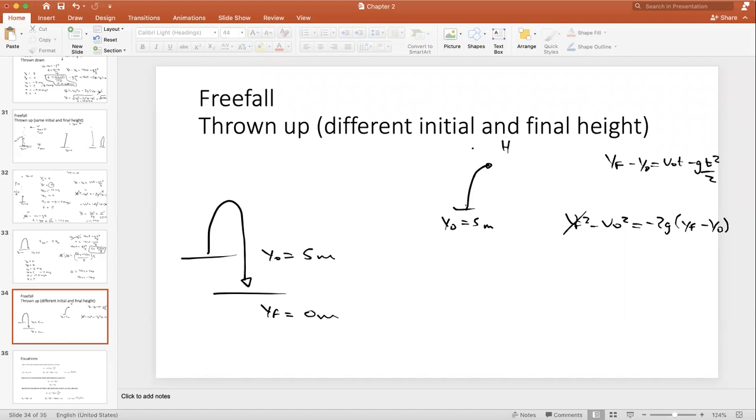The v final at max height is still 0, and you get v initial squared is equal to 2g times y final minus y initial. But when you divide through by 2g, you get that y final is equal to y initial plus v naught squared over 2g. So divide through by 2g and then add y initial to both sides.